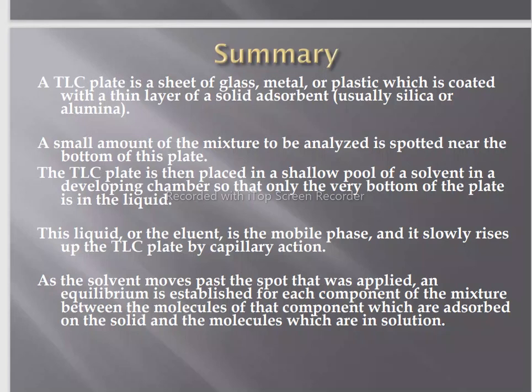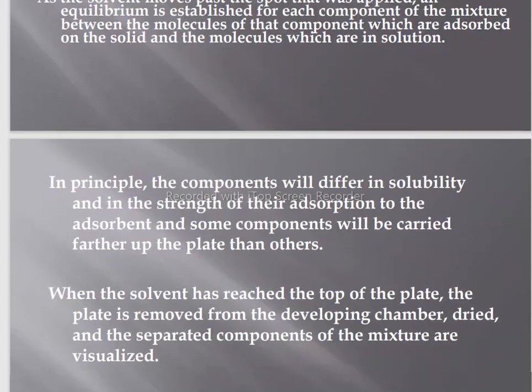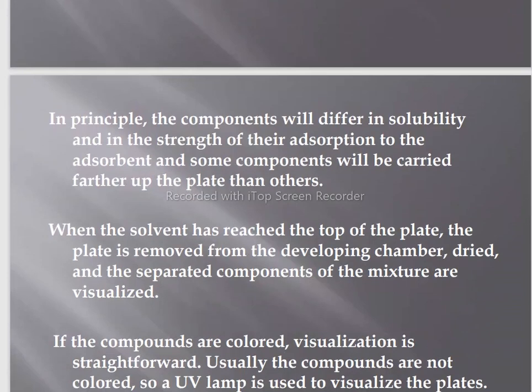As the solvent moves past the spot that was applied, an equilibrium is established for each component of the mixture between the molecules of that component which are adsorbed on the solid and the molecules which are in solution. In principle, the components will differ in solubility and in the strength of their adsorption to the adsorbent, and some components will be carried further up the plate than others.